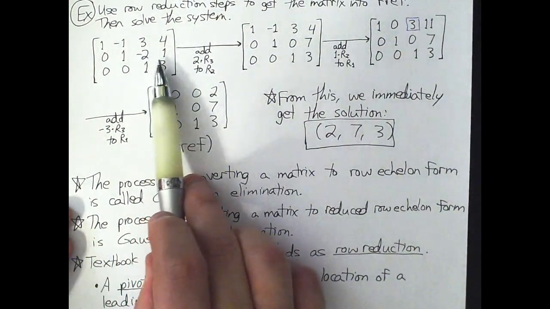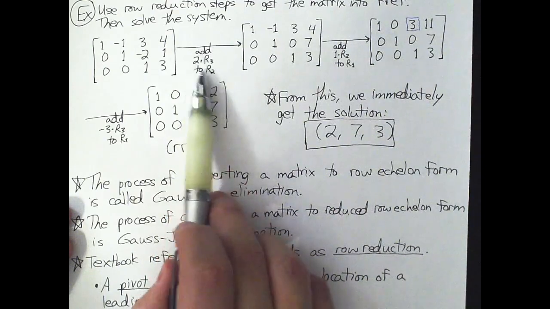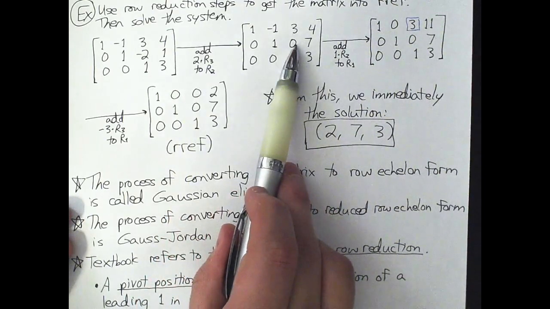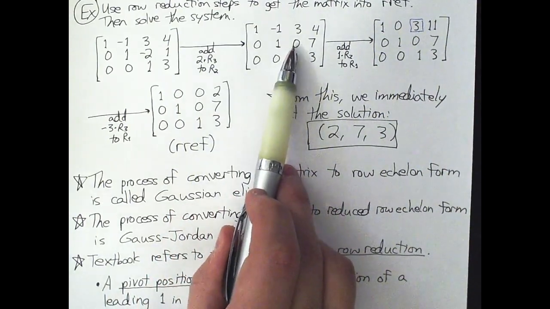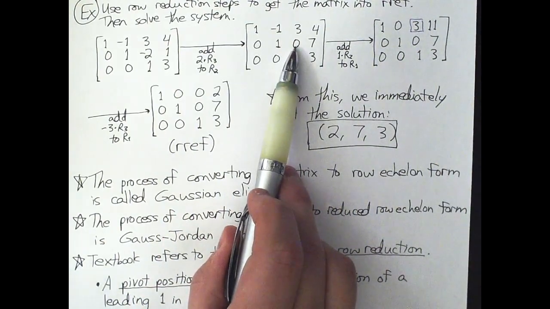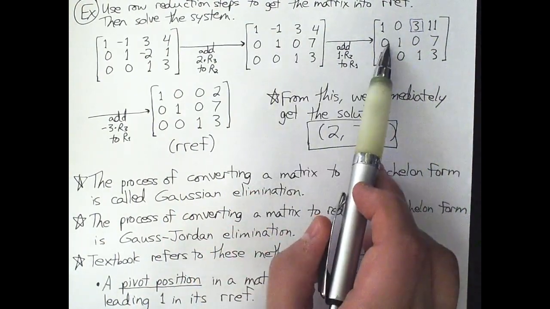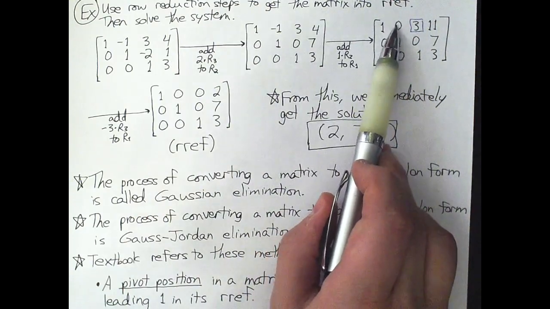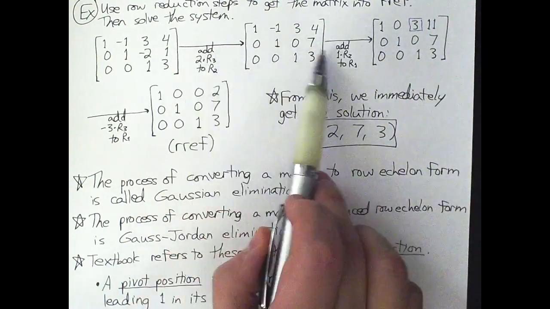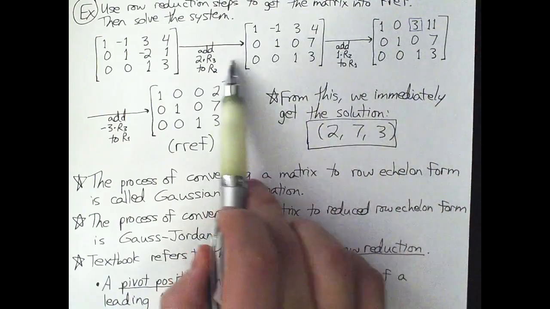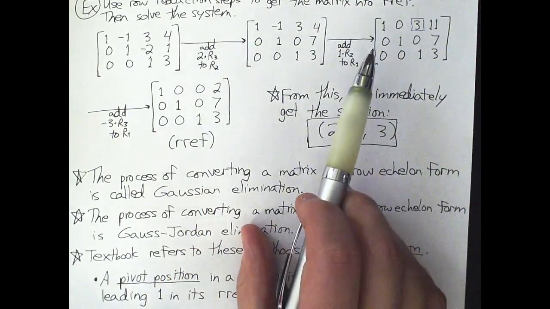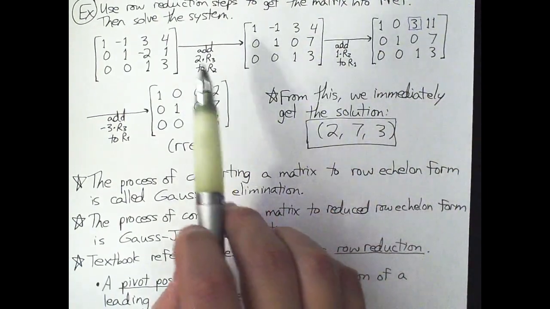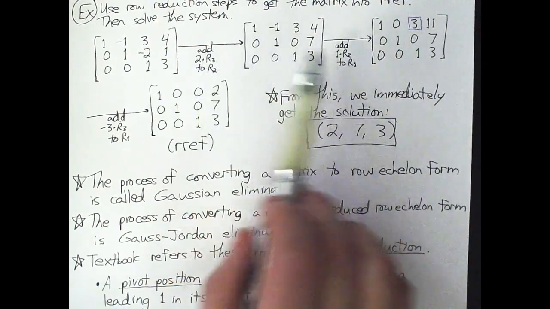Right here, when we did this, I did this row reduction step to get a 0 here. And that was my choice, but some students might do the other step first. We got a 0 in this position here. So which order do you want to do these 2 steps in? In my opinion, it's up to you. I don't think there's a wrong answer, do this step, or other way around.